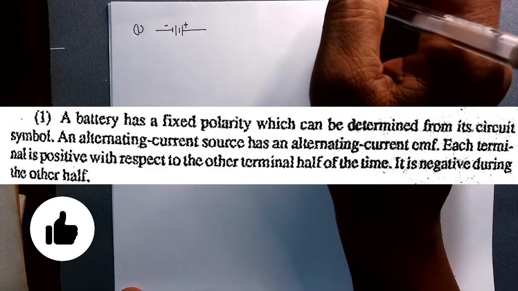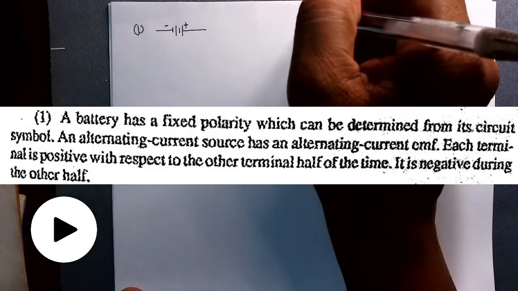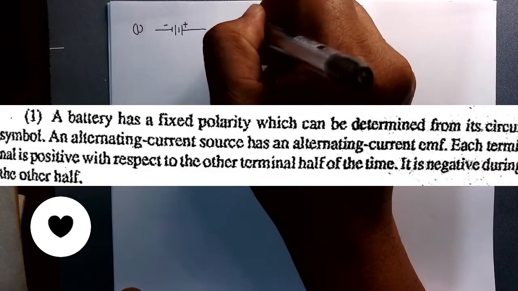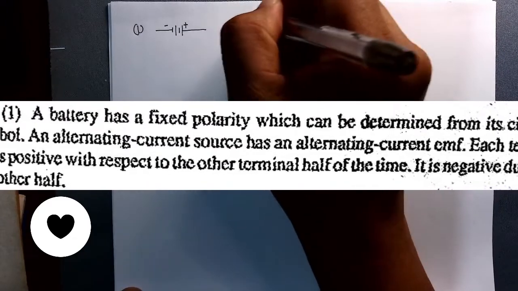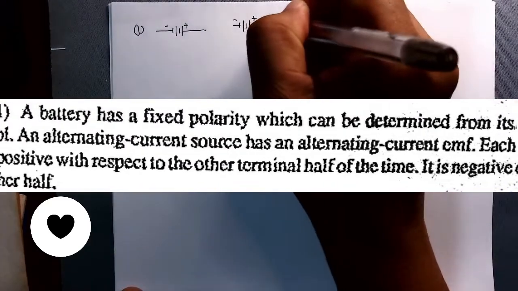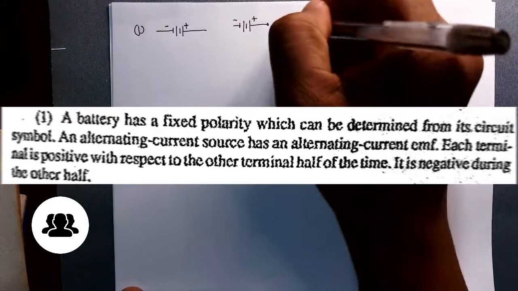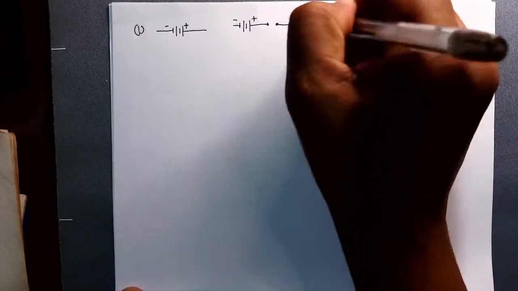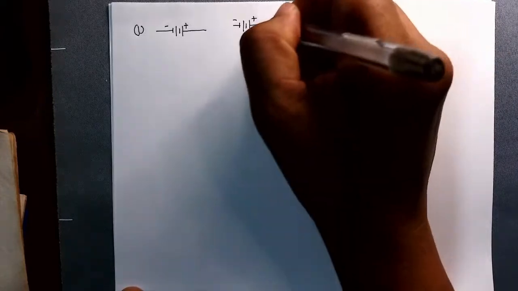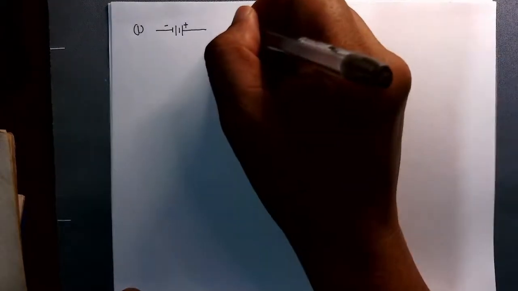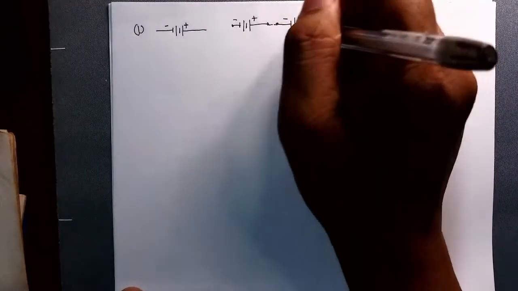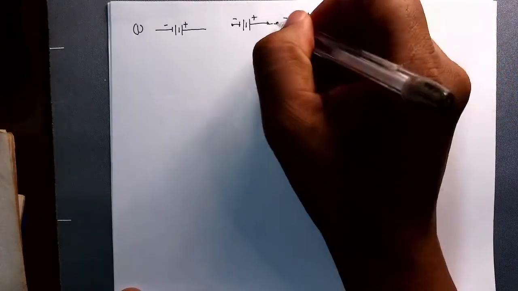Let us always remember that if you are going to connect a battery, for instance, this is negative and positive, and you connect another battery here which has a polarity of negative and positive. You connect these two, so you will have a DC voltage source aiding.